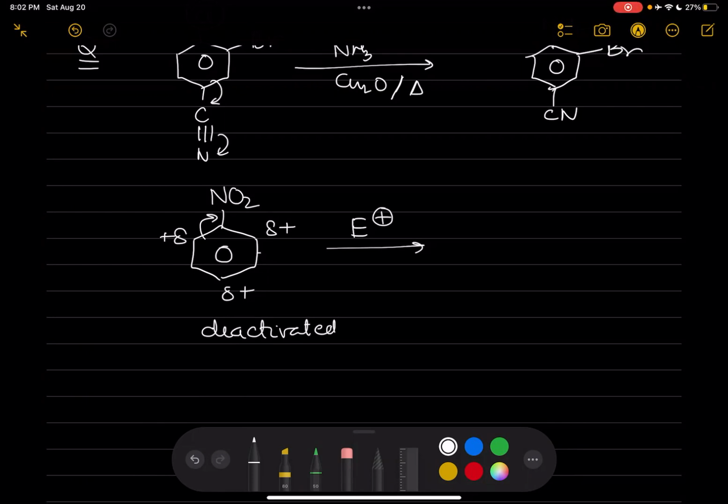So if the electrophile wants to come and join in, it becomes very difficult, and it reacts a million times more slowly than benzene.